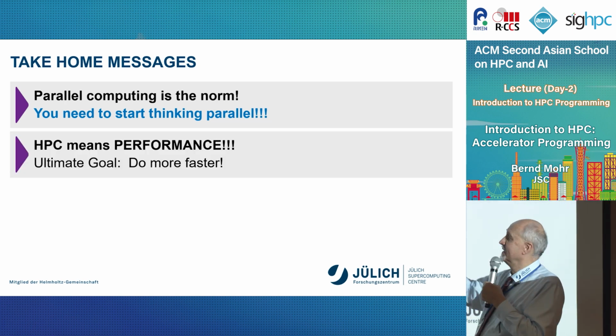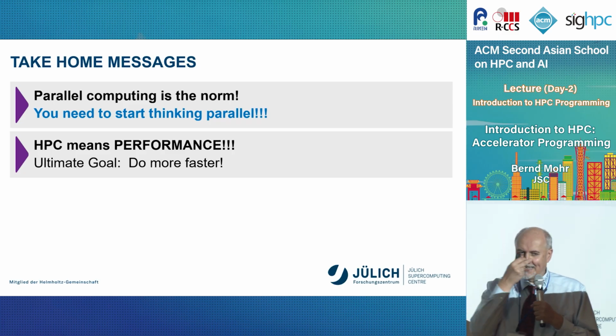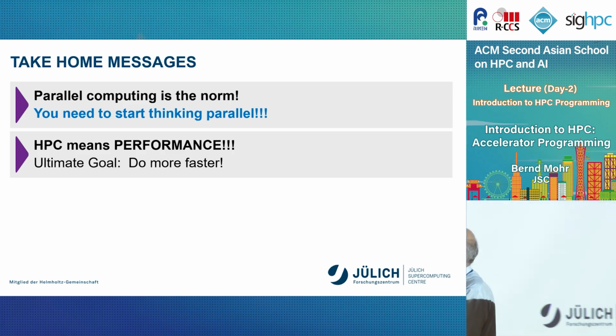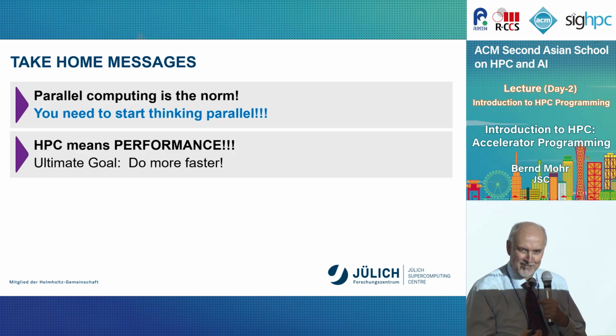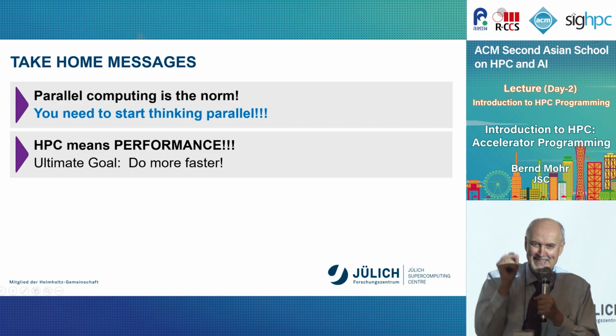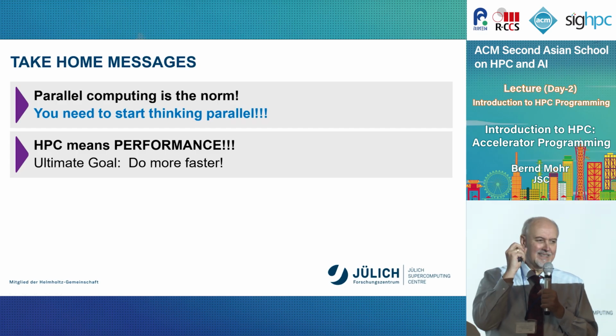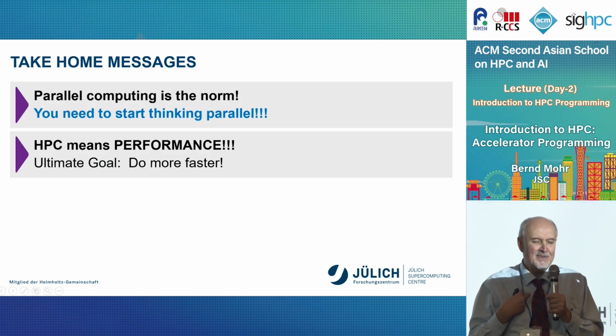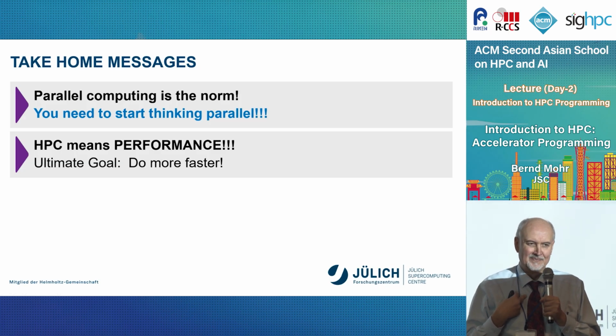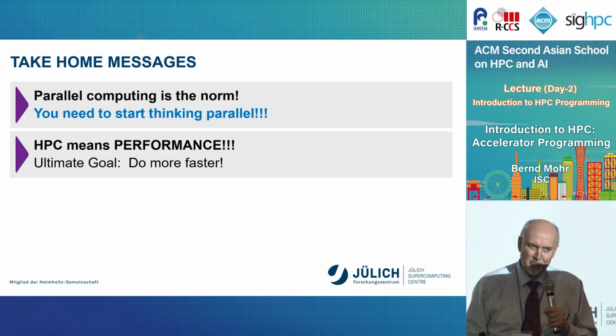HPC, I said that multiple times, says computing, but it stands for high performance computing. So 2 of the 3 letters are high performance. Yeah? Like my machine at home, the Jupiter first exascale machine, costs 500 million euro. We run it for 5 years. Many people will work on it.